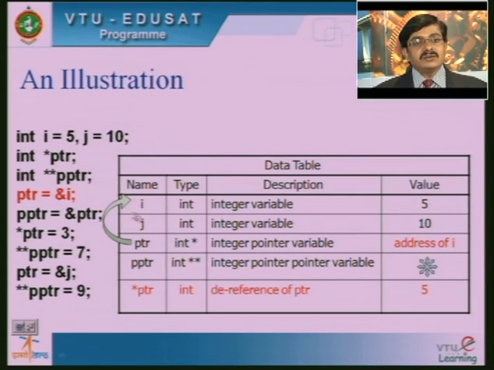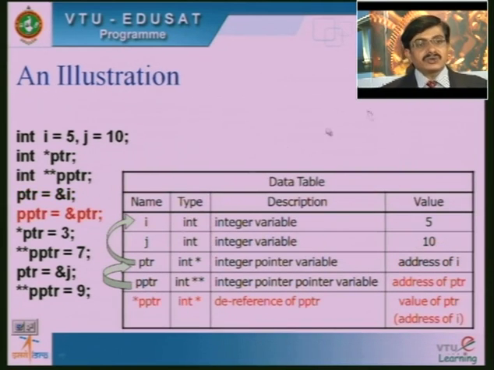There could be any larger value, and that address of the i variable will be assigned to the ptr variable, which is a pointer variable. Now, the next statement is pptr is equal to ampersand of ptr. So pptr will be holding the address of ptr. pptr is a double pointer, and it can hold the address of one pointer only, and when I use ptr, it is a single pointer which can hold the address of another variable, preferably of the same type.